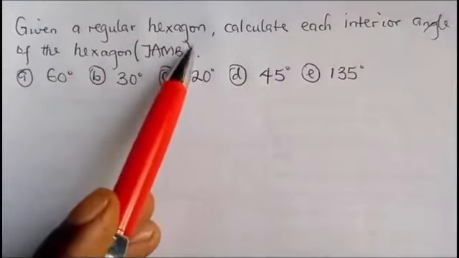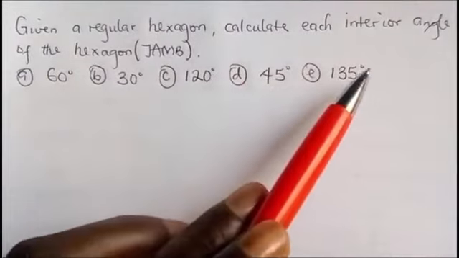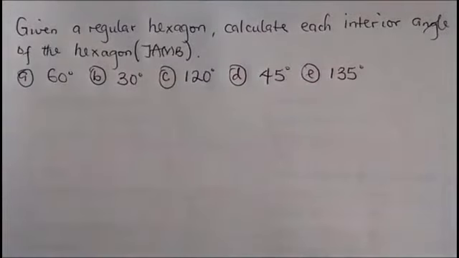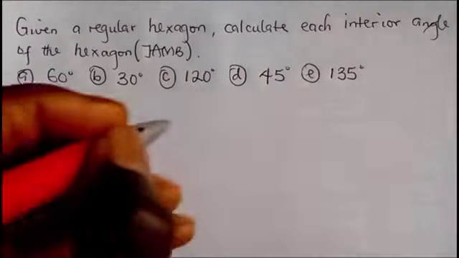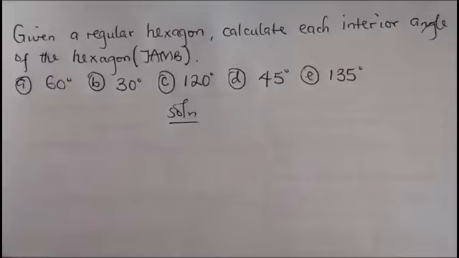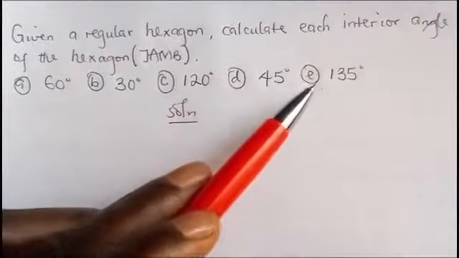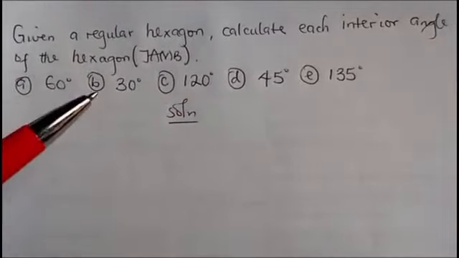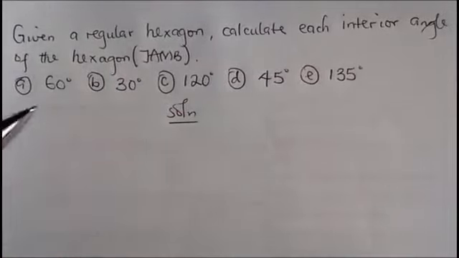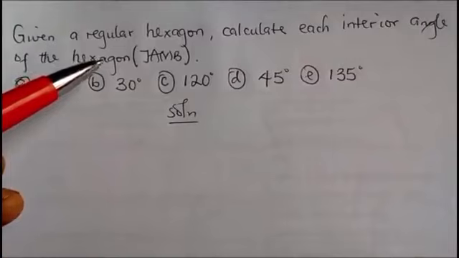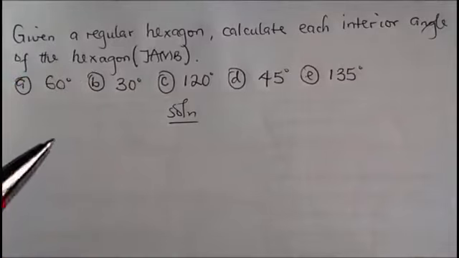Given a regular hexagon, calculate each interior angle of the hexagon. This is a JAMB question, and these are the options provided. Generally, when you hear about a regular polygon, it is a polygon having all the sides and angles equal.